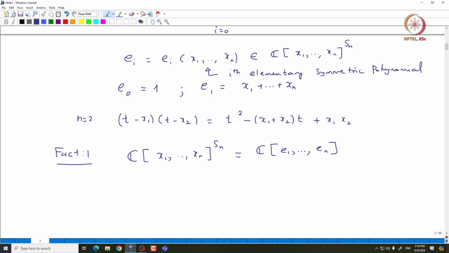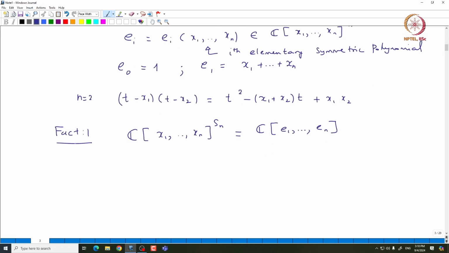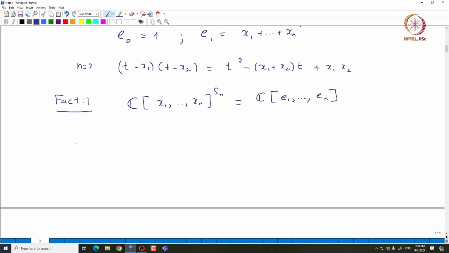You can see that the set of symmetric polynomials is indeed a really huge algebra. If you take any polynomial in E1 etcetera En, that will definitely be symmetric with respect to the Sn action. One containment is easy to prove, but the other way you need to really check, and I will leave that to you.